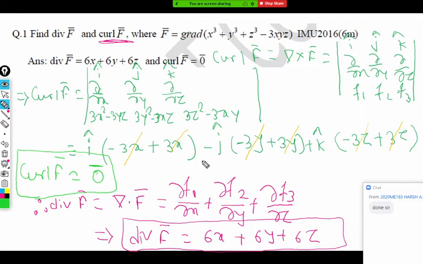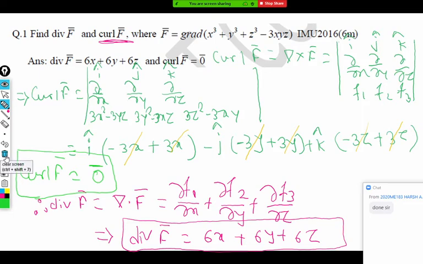Many times you get a mark for the direct answer also, but don't depend on that. If you want complete marks, write the important steps. Elementary calculations, yes, you can ignore sometimes. Just like this step, you can ignore it and write directly here.